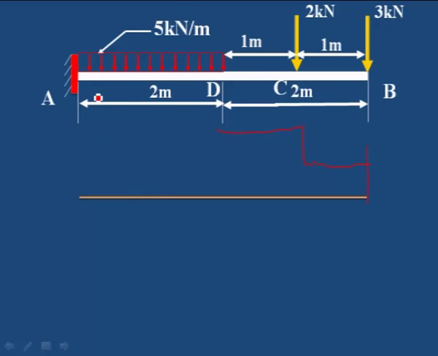Then from D to A it is an inclined line, and then join. That is a vertical line for a point load, here one more vertical line for a point load, no load horizontal line, no load horizontal line, and then for the uniformly distributed load portion we have to draw the inclined line.